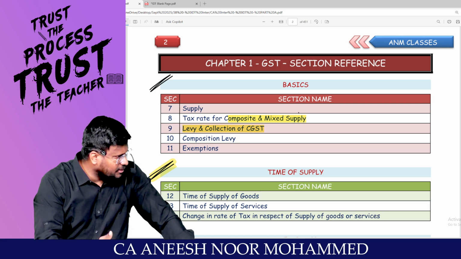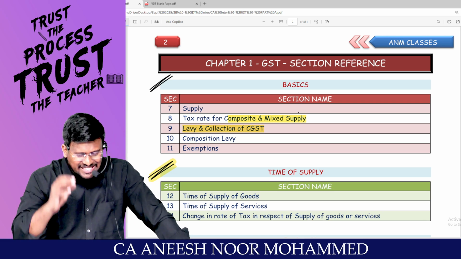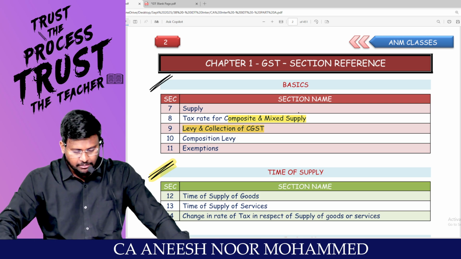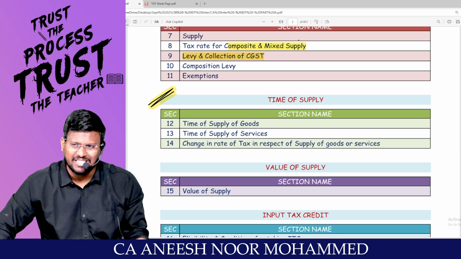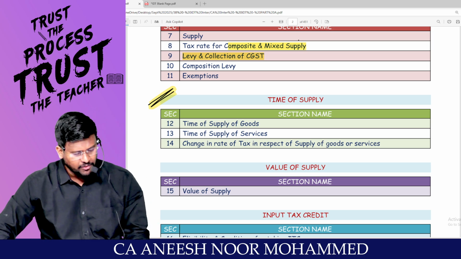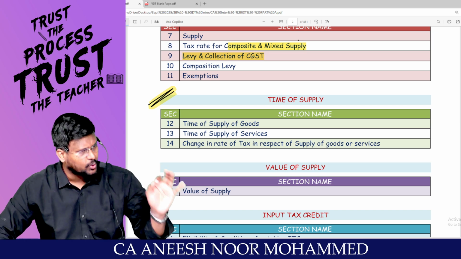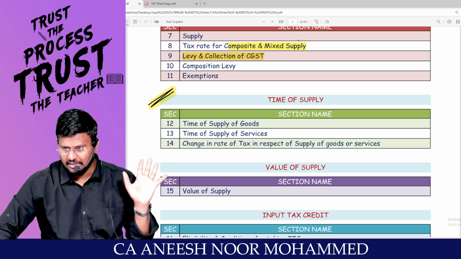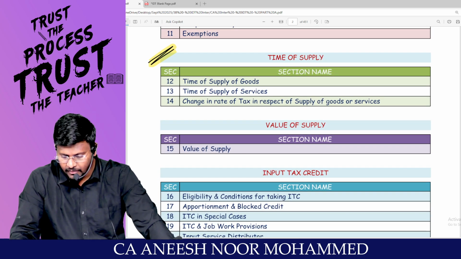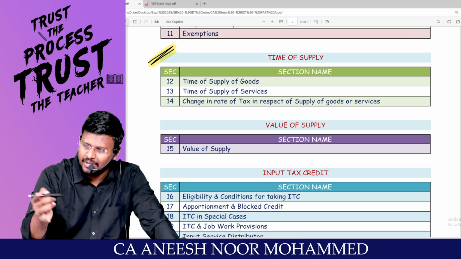Section 10, composition levy. Section 11, exemption. Section 12, time of supply of goods. Section 13, time of supply of services. Section 14, time of supply in case of change in rate of tax.